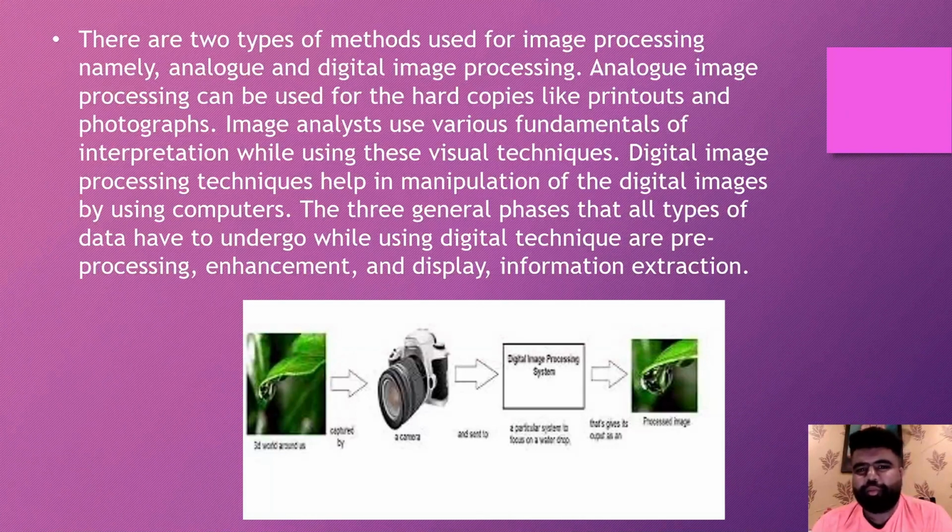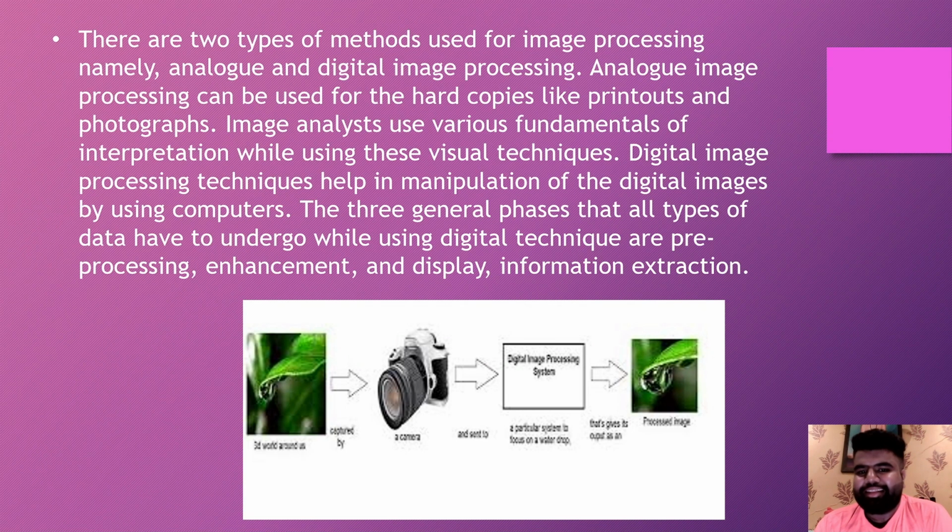There are two types of methods used for image processing, namely analogue and digital image processing. Analogue image processing can be used for hard copies like printouts and photographs. Image analysts use various fundamentals of interpretation while using these visual techniques. The digital image processing technique helps in manipulating digital images by using a computer.